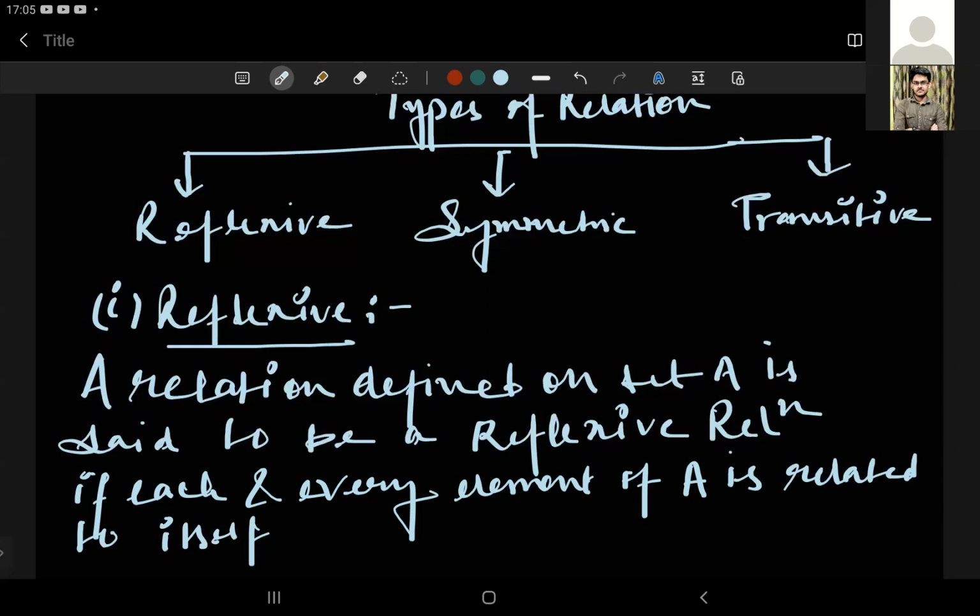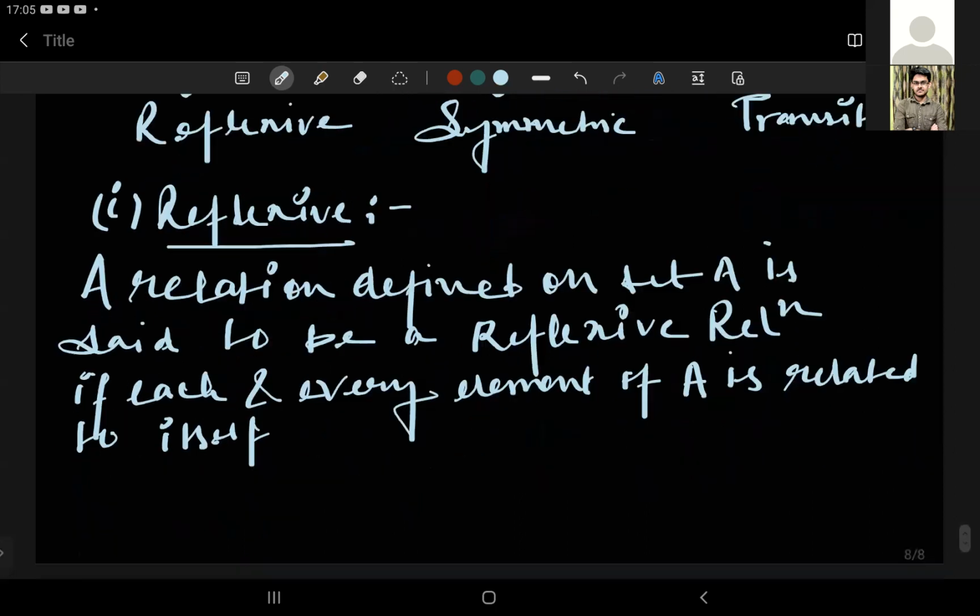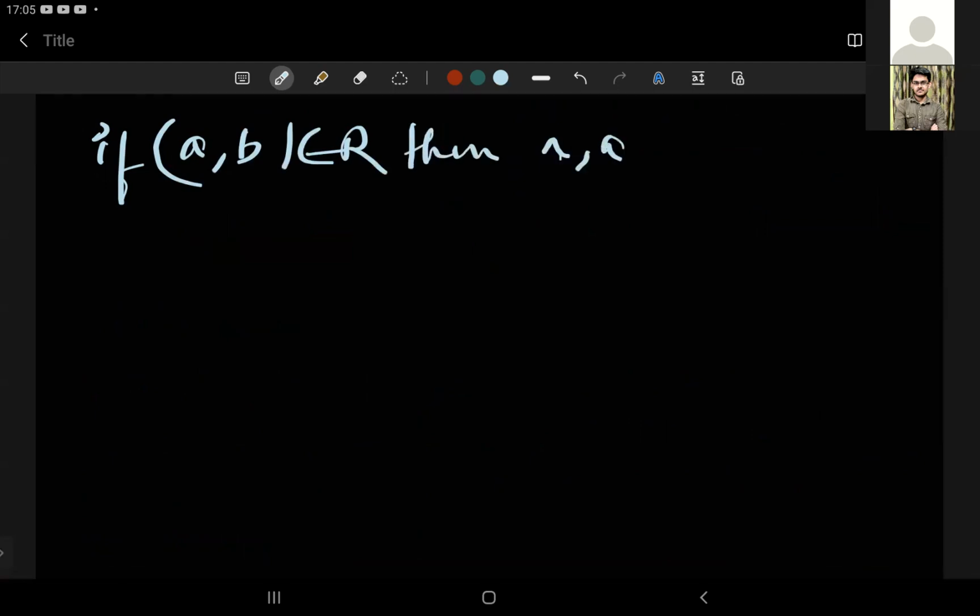So if A comma B belongs to R, then A comma A also belongs.